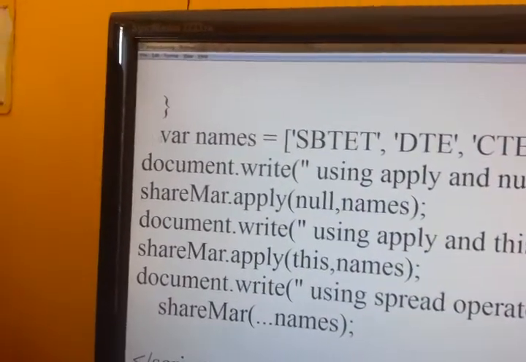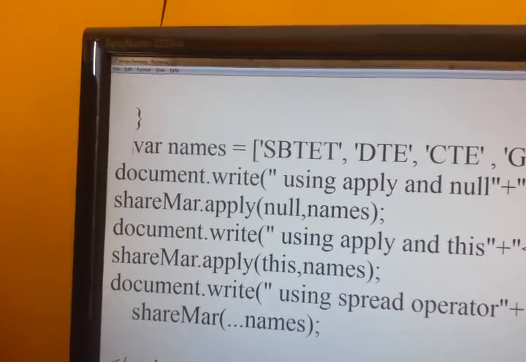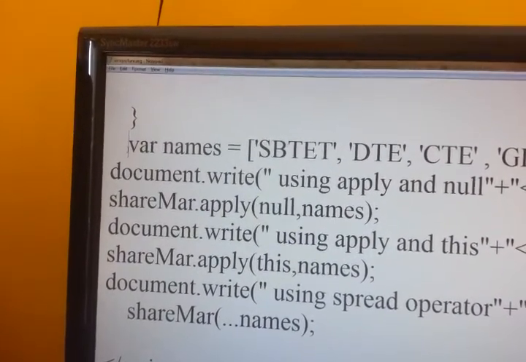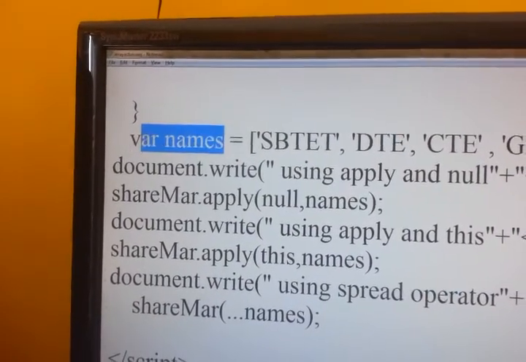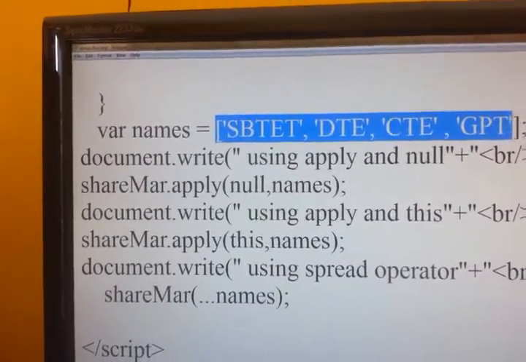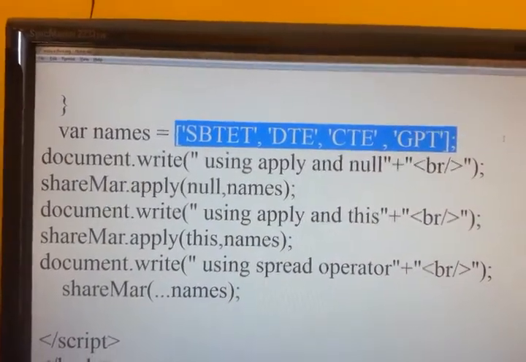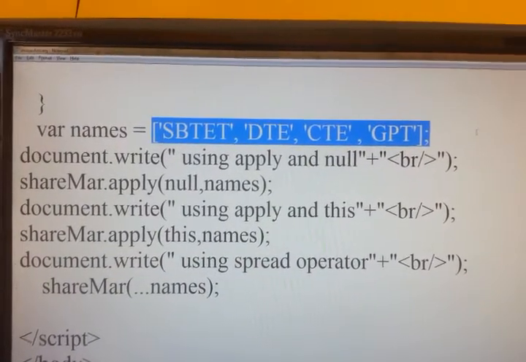Now what I am doing here, I have taken an array, as our main motto is passing an array as function arguments. So the variable names is my array. There I have passed 4 values: SBTED, DTE, CTE and GPT.